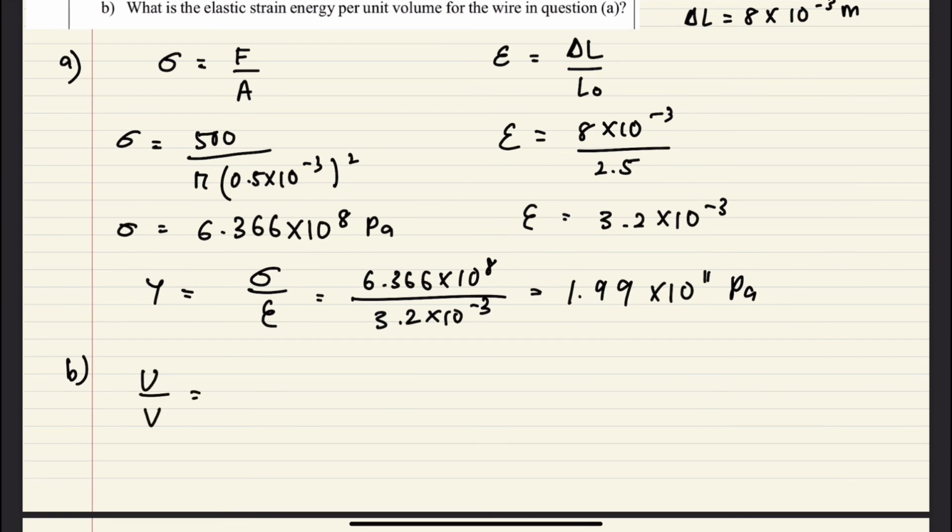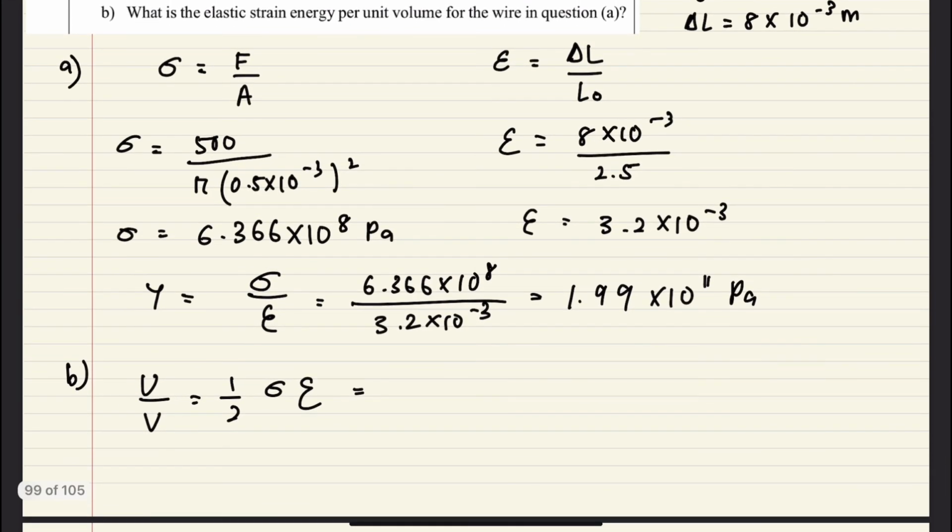Don't get confused with strain energy. The strain energy only is half force times delta L. Stress is 6.366 times 10 to the power of 8, and strain is 3.2 times 10 to the negative 3.